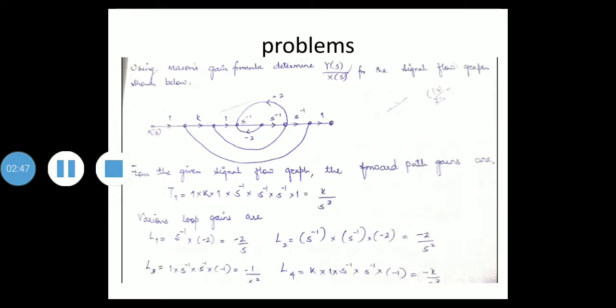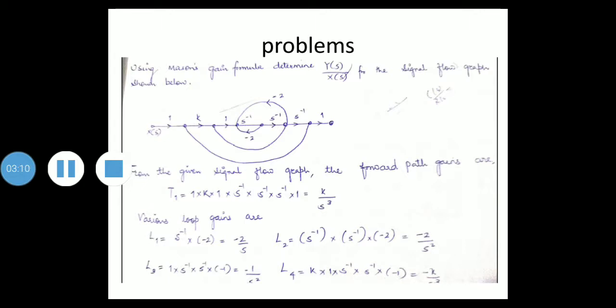Got it? Next, the third loop is 1 into s raised to minus 1 into s raised to minus 1 into minus 1, so it is minus 1 divided by s square.